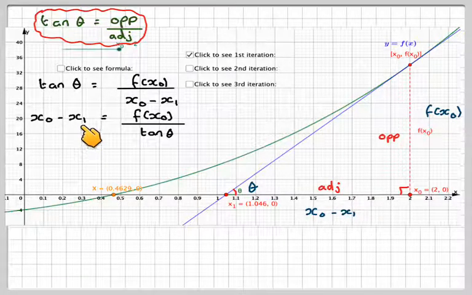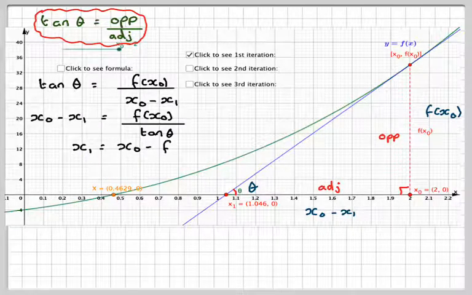Now I really want to find the value of x1, because I want to have the next value to start with. So I put in x1, and that will be x0 minus f of x0 over tan theta.